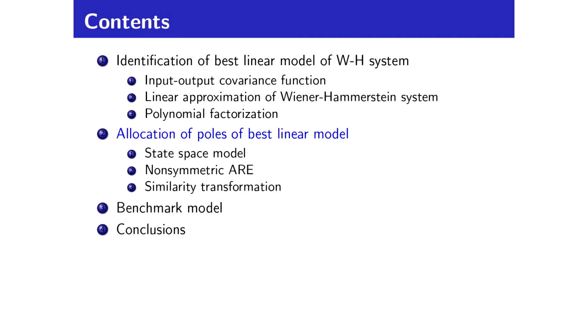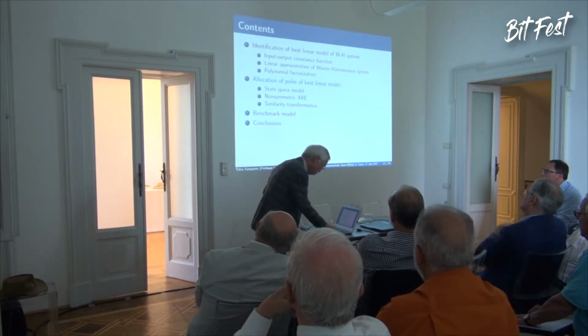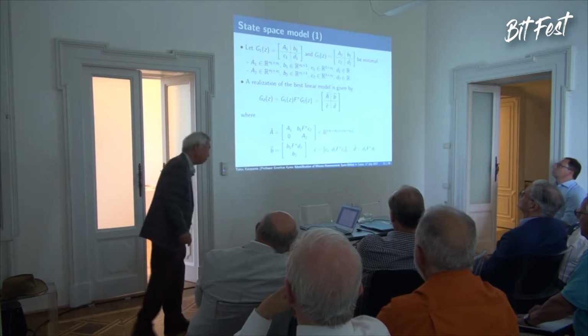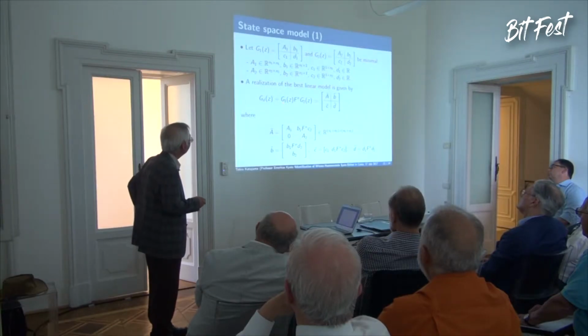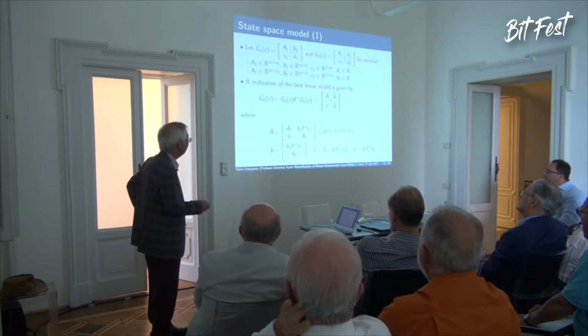So we come to the second step, allocation of poles or best linear model. G1 and G2 are defined in this way. This notation is very familiar from the days of H infinity. And this should be minimal. Then the product of the three elements gives A bar, B bar, C bar, D bar, and this is easily computed.